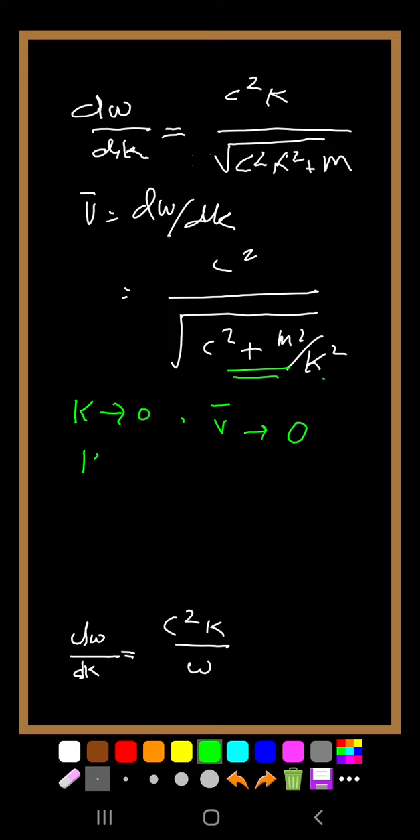However, when k tends to infinity, this velocity v becomes c square by root c square, so that turns out to equal c. So these are the two limiting conditions of the group velocity. Now let's move on to the next problem.